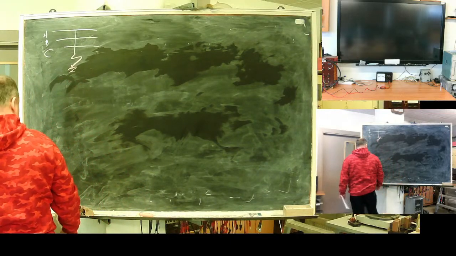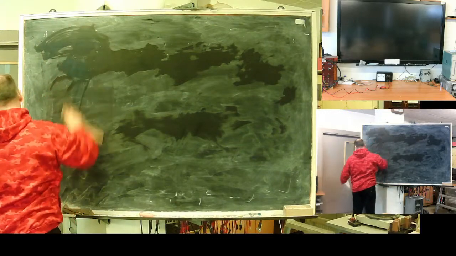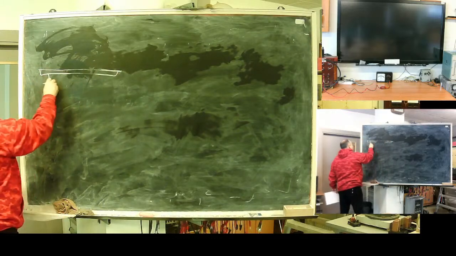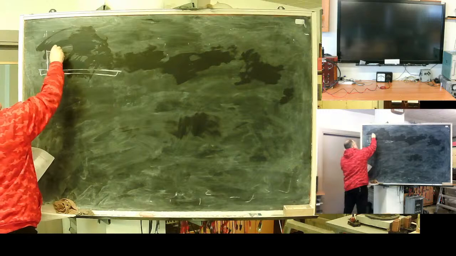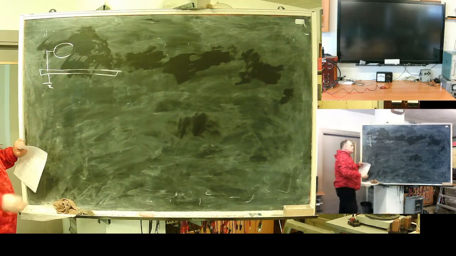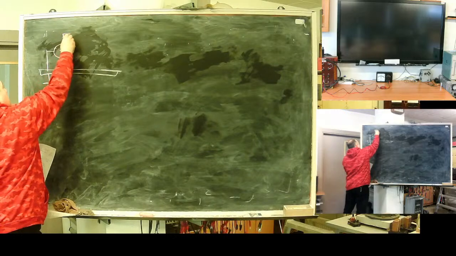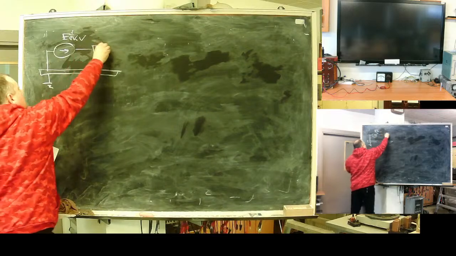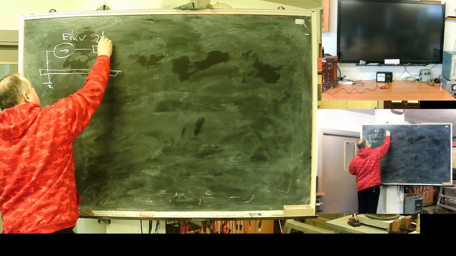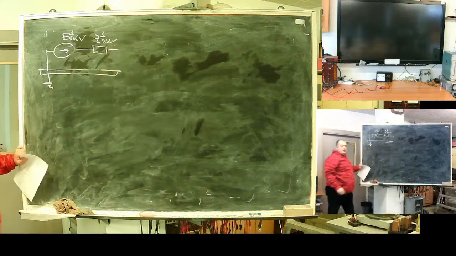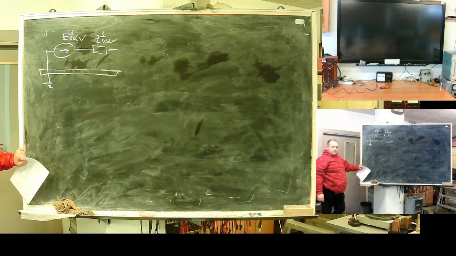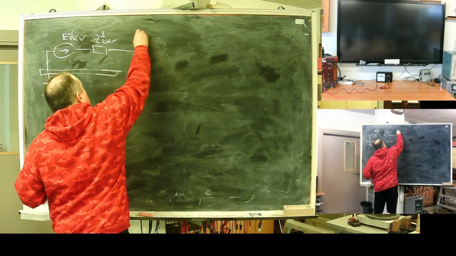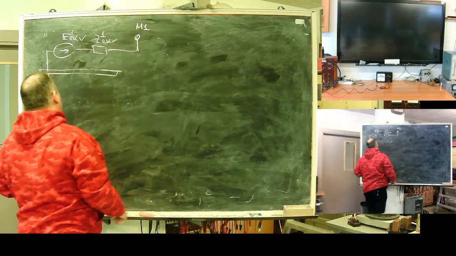For such an ideal earth fault, my schematic will be: ground point, equivalent resistance of the direct sequence, connection terminal for the direct sequence.